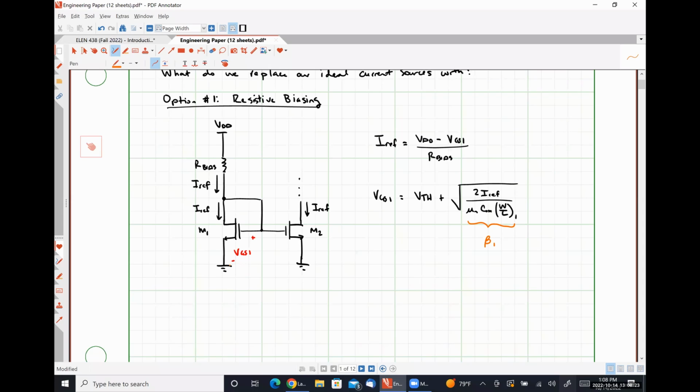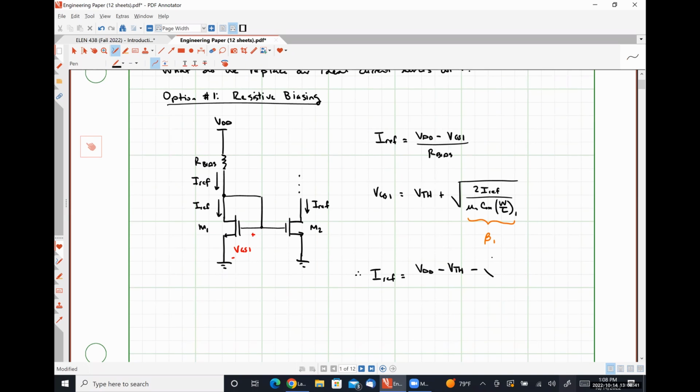Okay. So from this representation, we find that our reference current IREF is equal to VDD minus VTH minus the square root of twice IREF over beta 1, and all of this is divided by R bias.